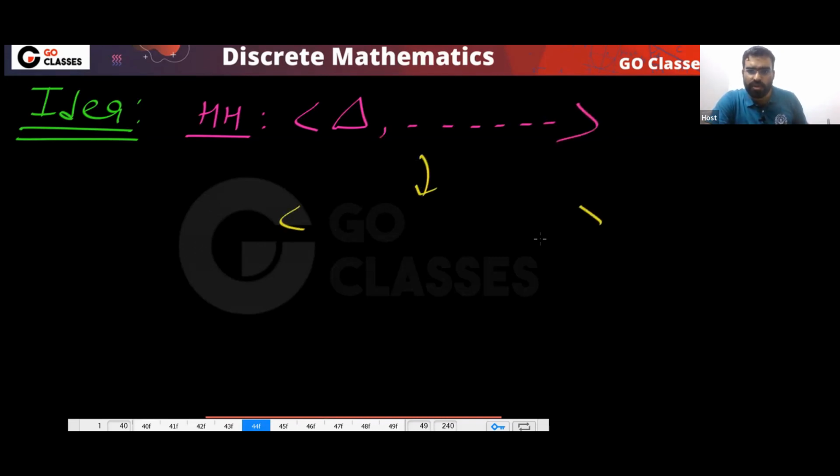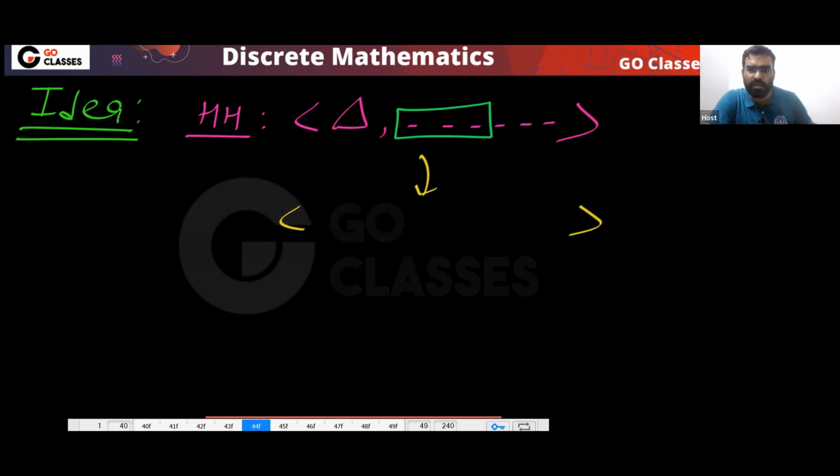You are deleting this vertex, and from the next delta vertices you are doing minus 1, minus 1.